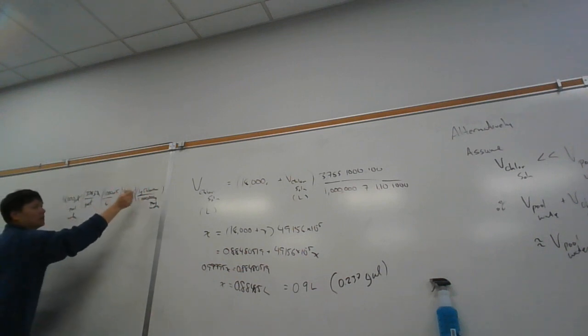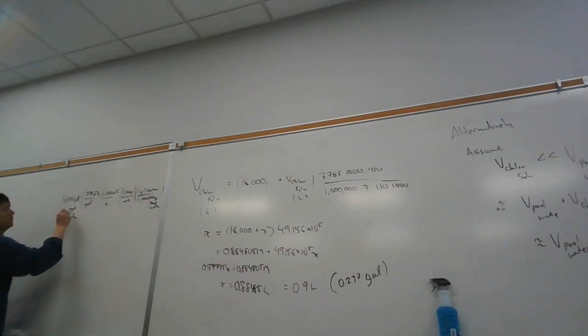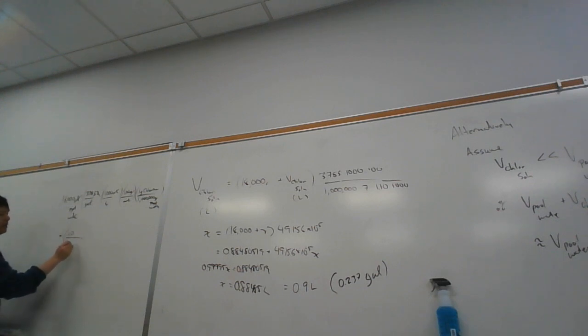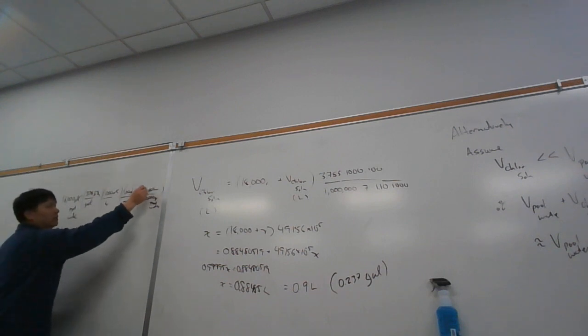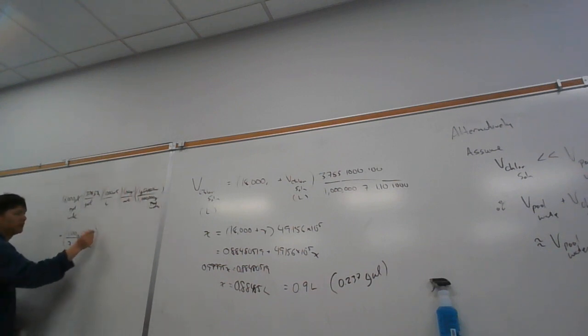And so the grams of pool water cancel, and that leaves us with grams of pure chlorine times the chlorinating solution. We know that we're going to have 7 grams of pure chlorine for every 100 grams of chlorinating solution. That was this percent composition by mass. And so grams of pure chlorine cancel. That leaves us with grams of chlorinating solution.